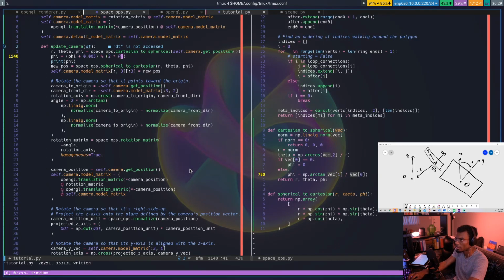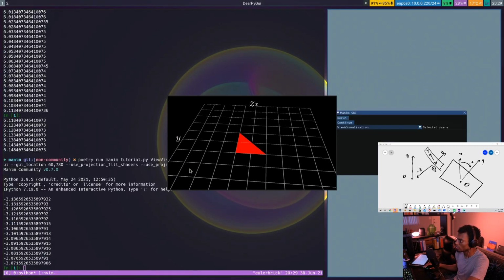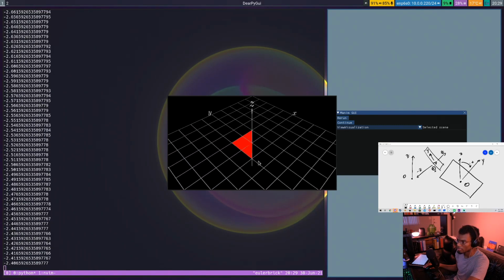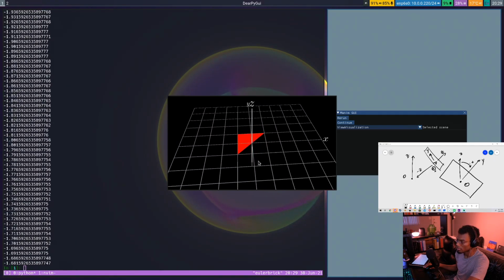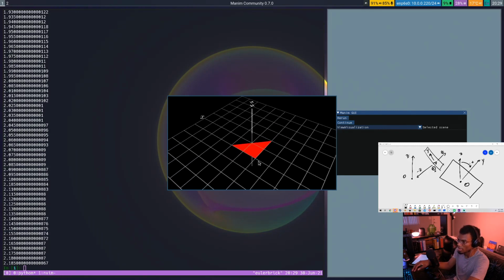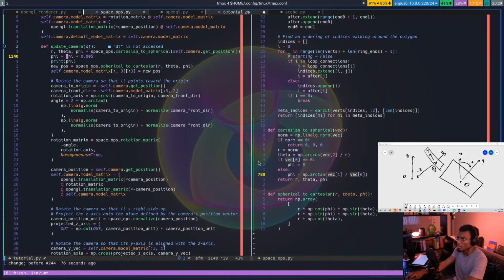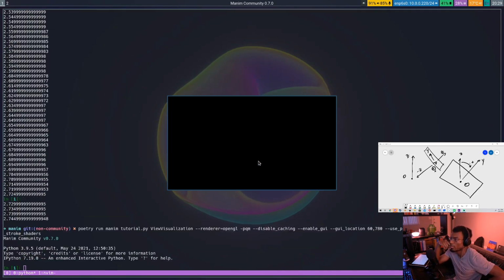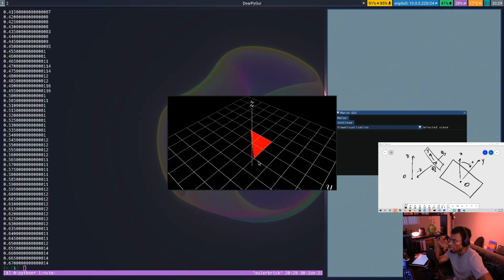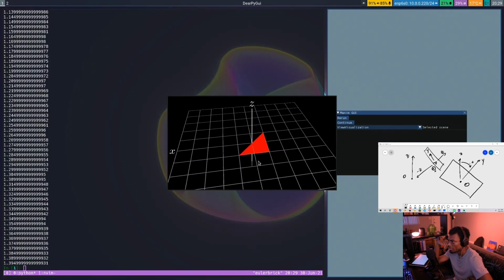Maybe I want negative pi to positive pi, something like that. So I do this minus pi. Yeah, I didn't think that would work. Yeah, same thing. Well, that is unfortunate. But I'm gonna probably have to debug more to see why this is happening.